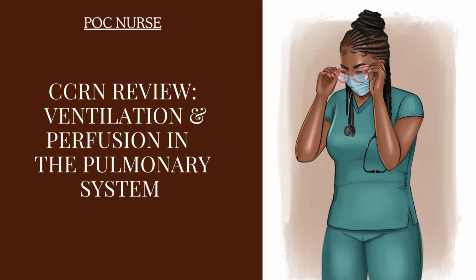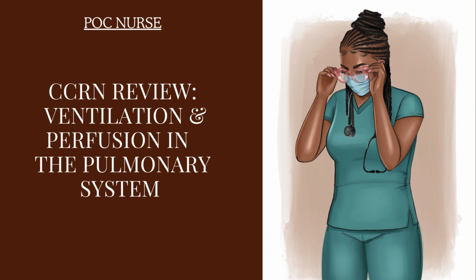Now, anything that affects blood flow past the alveoli, anything that decreases perfusion of blood through the pulmonary capillaries will affect ventilation and perfusion. And this would affect the ventilation perfusion ratio and gas exchange as well.